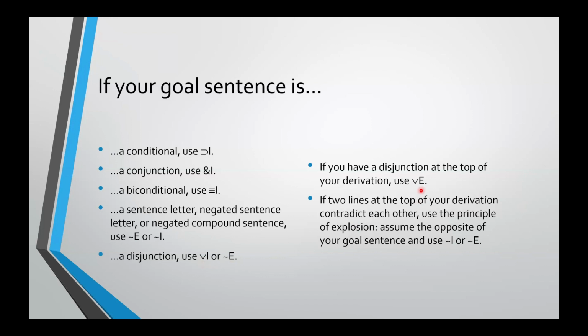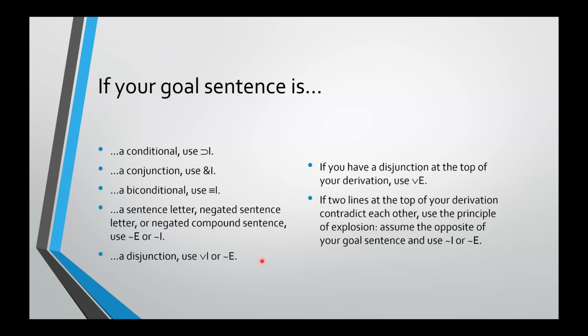There are always decisions that you're going to have to make. As you practice working with SD, you'll get a better sense of what the optimal strategy for finishing derivations is going to be. Like I was saying when your goal sentence is a disjunction, truth tables can often guide your decisions.